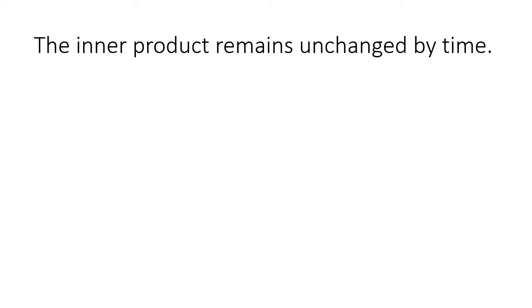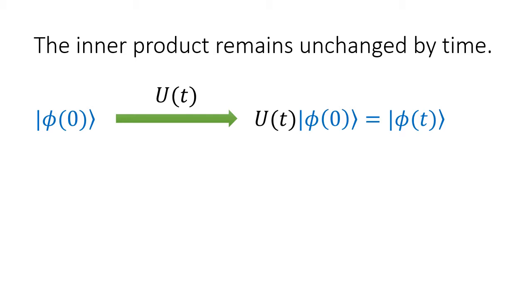So what does it mean by having the inner product remain unchanged by time? Suppose we have a state phi and then apply U to obtain U phi. And in another state, which is psi, we also apply U and then obtain U psi.